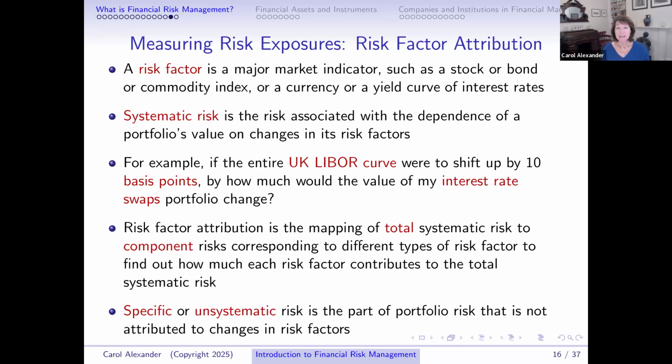Systematic risk is the risk associated with the dependence of a portfolio on changes in its risk factors. So the idea of risk management is to allocate a bunch of risk to the FTSE 100 and a bundle of risk to the S&P 500 and so forth.